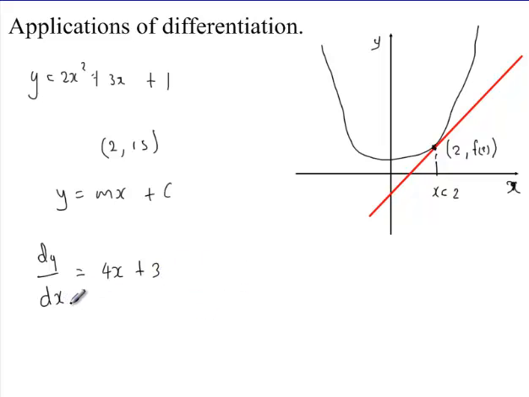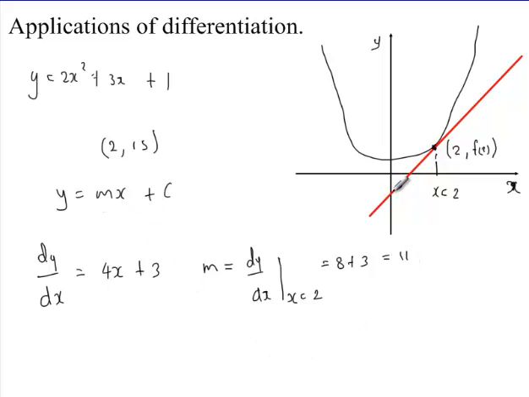Now, if we want the m, which is the gradient of both the curve, the parabola, and the tangent line, that will be the derivative dy/dx evaluated at the point x equals 2. Then we substitute the 2 for x, we get 8 plus 3, which is equal to 11.